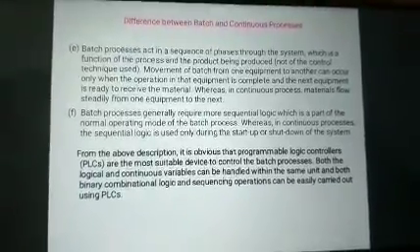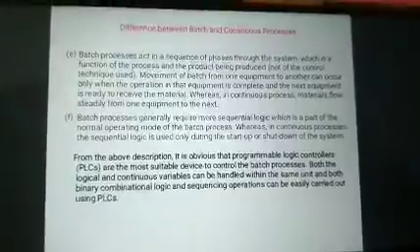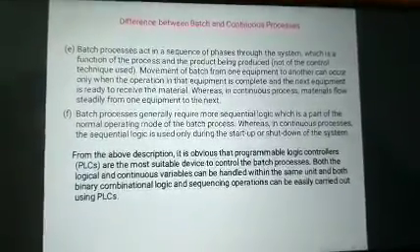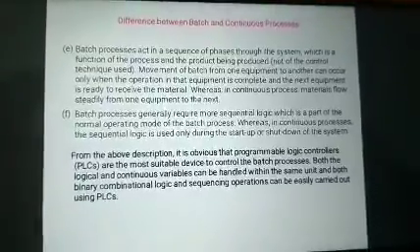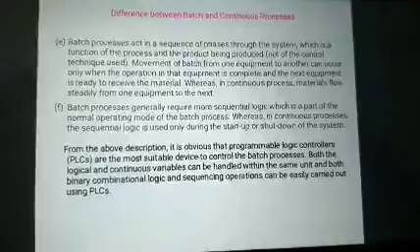Movement of the batch from one equipment to another can occur only when the operation in that equipment is complete and the next equipment is ready to receive the material. Whereas in a continuous process, materials flow steadily from one equipment to the next.